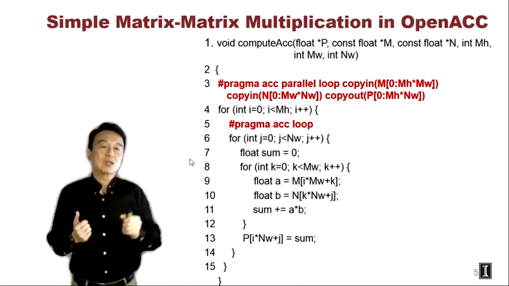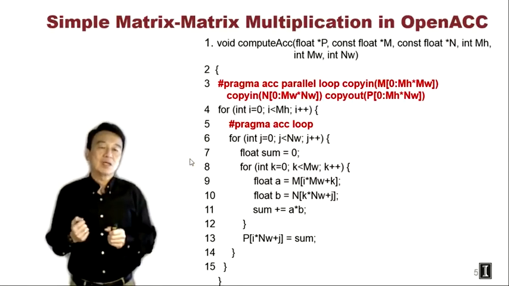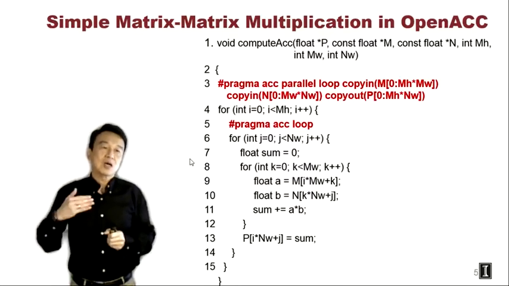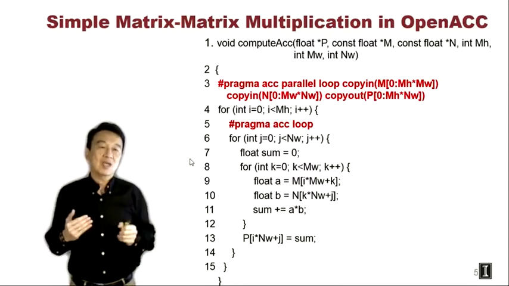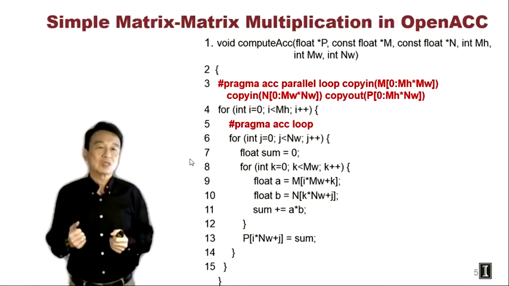So we can just use m w as the height of the N matrix, and we don't need to specify n height. The output is going to be the height of M and the width of N, so we don't need to specify the output dimensions either.